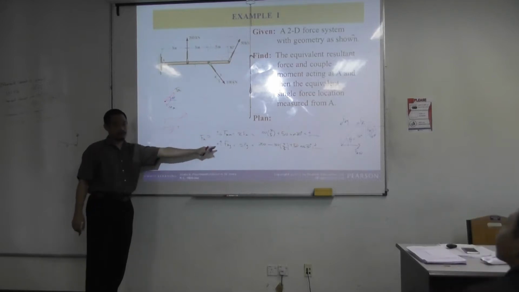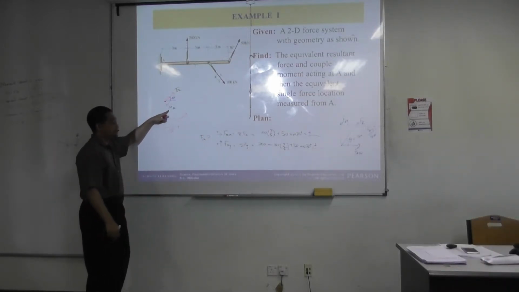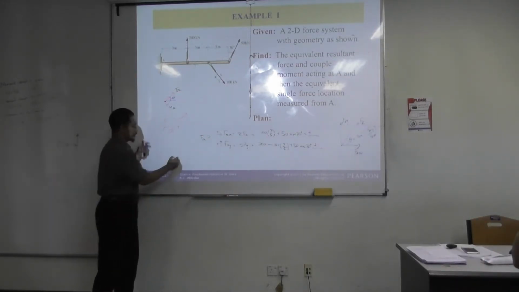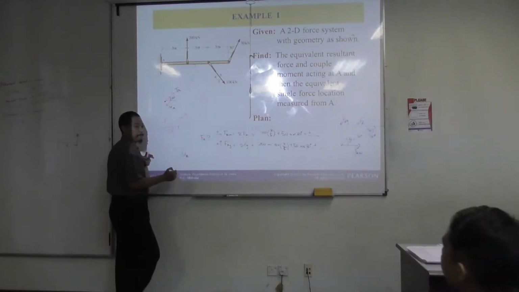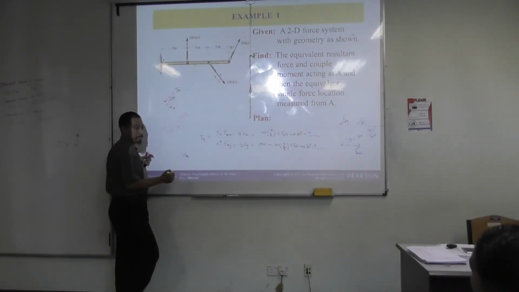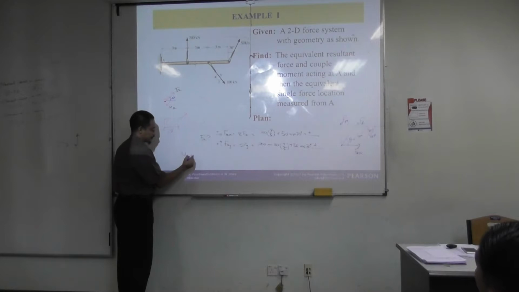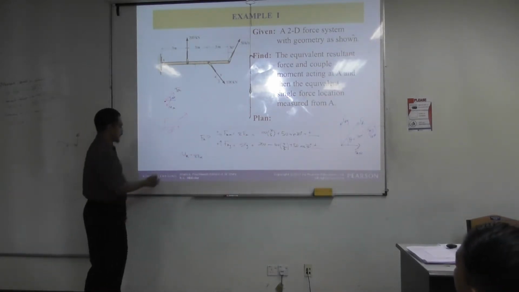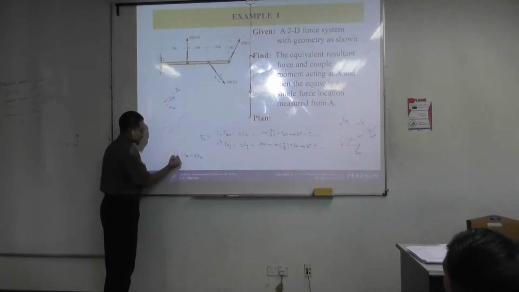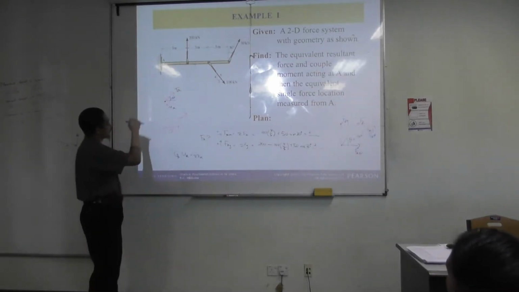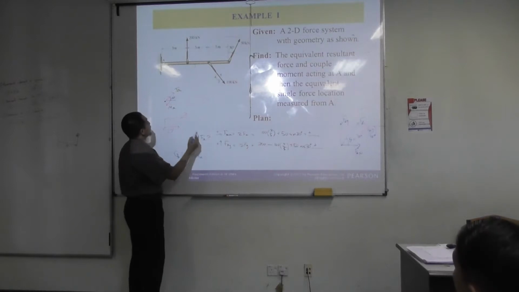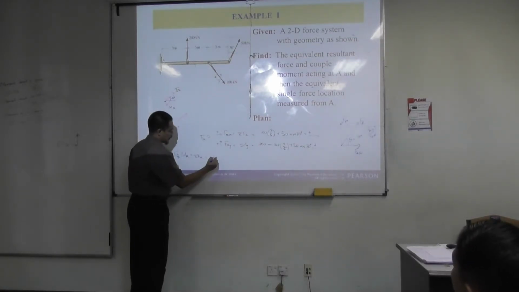You understand? What about MR? How to get MR? It is basically the summation of F times d, and if we take counterclockwise as positive, we have for the 200 times 3, positive.